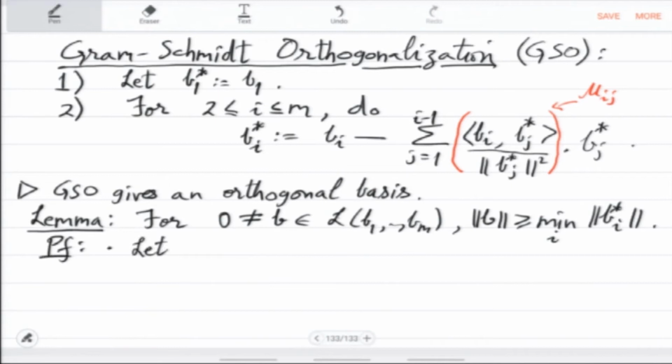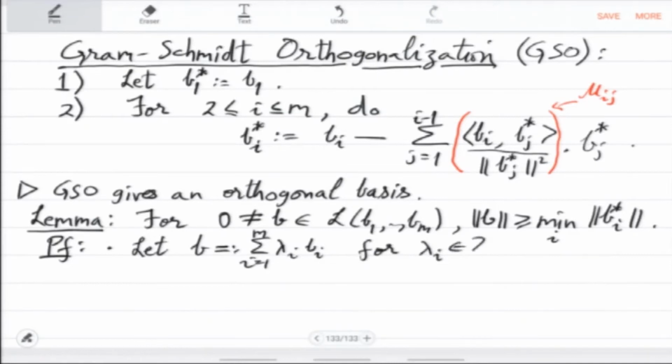So consider this combination of Bi's. Since the Bi's we are assuming linearly independent, the lambda i's will be unique and they are integers.